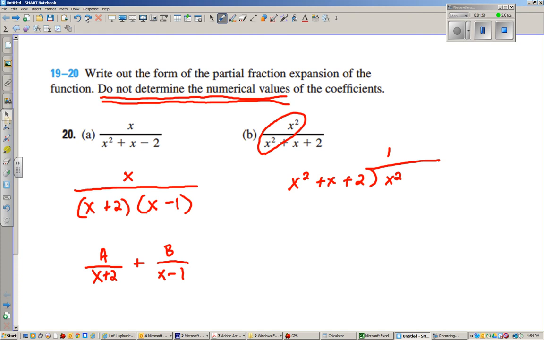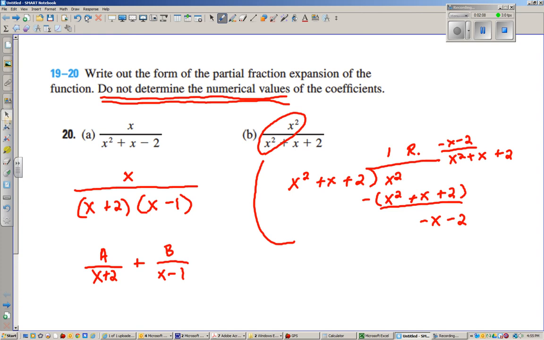And then we take 1 times that divisor, and we get x squared plus x plus 2. And then we subtract that from what's above, and we get a negative x minus 2. And negative x minus 2 is the remainder. Negative x minus 2, and we talked about how that technically should be written over the divisor.